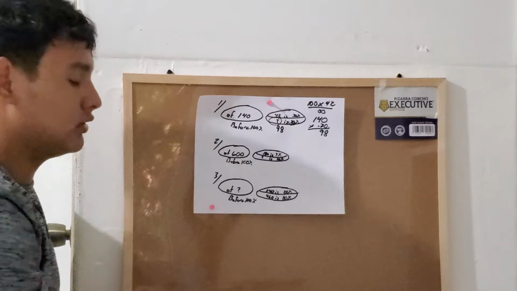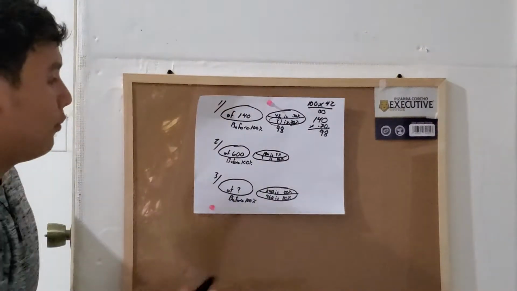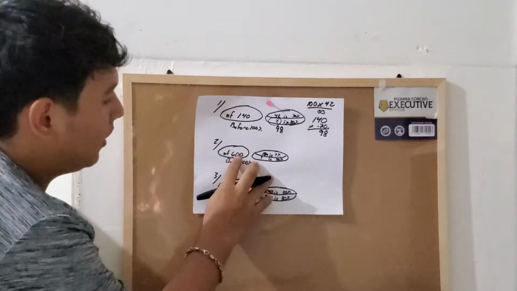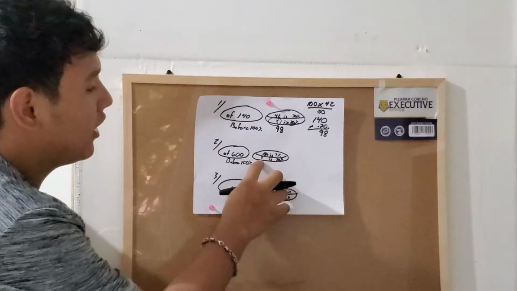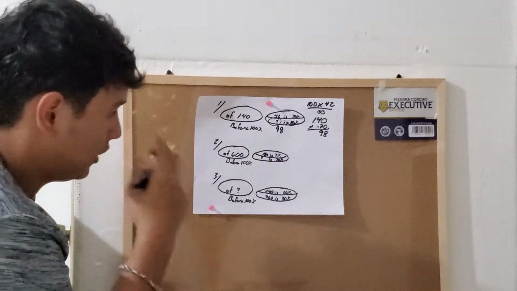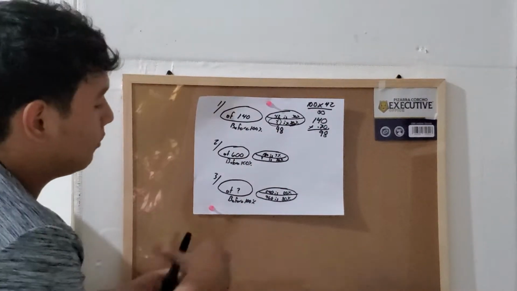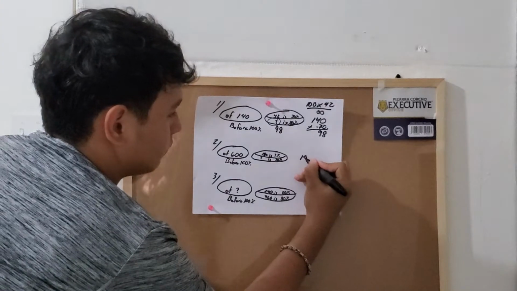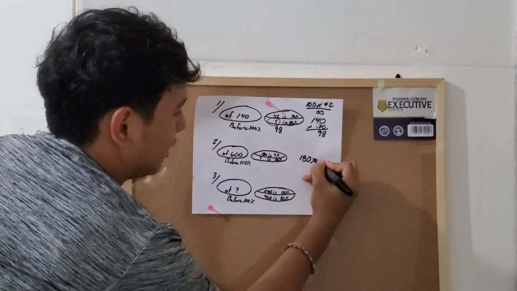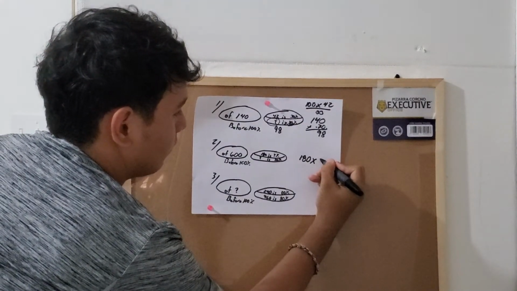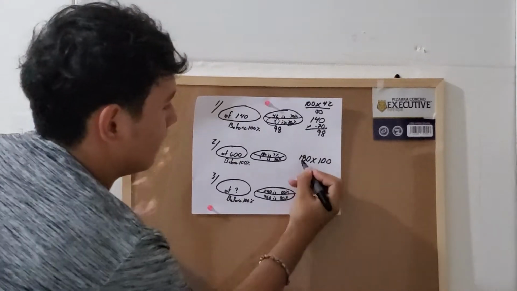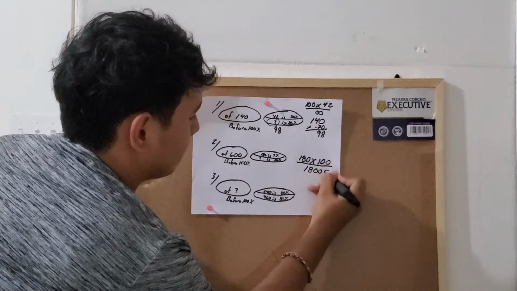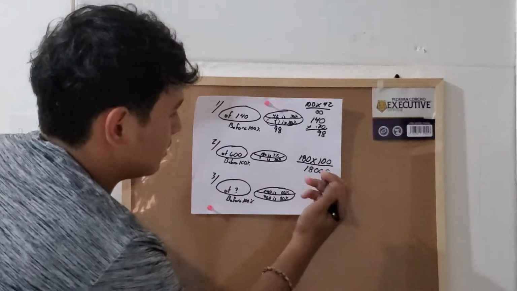We're moving on to the next problem. We have the whole number here, but we're missing the percent and another number. So in order to find this, we multiply 180 times 100. That equals 18,000.